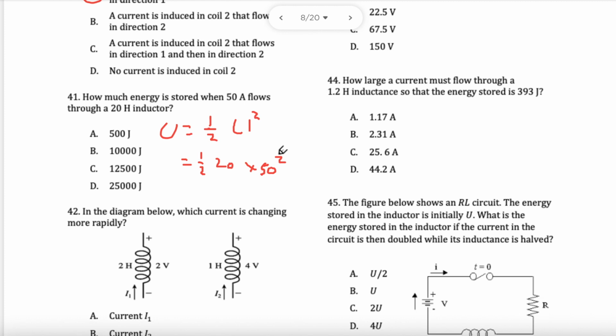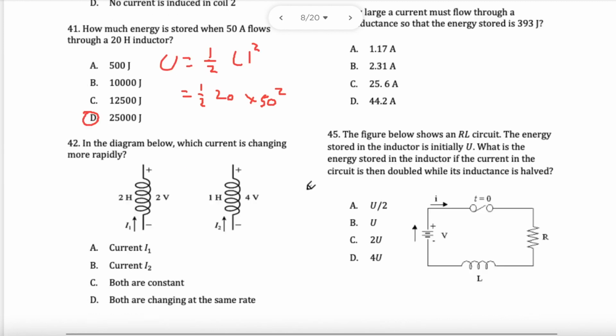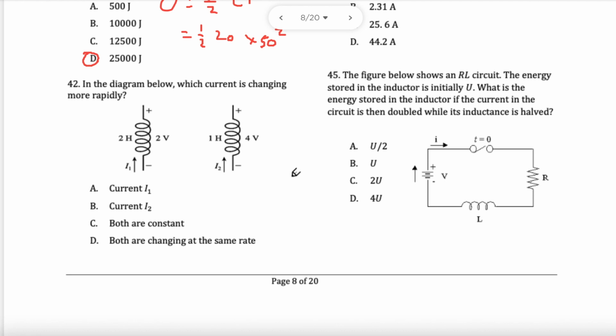You will get 25,000. There we go, we have the answer already. Over here, which current is changing more rapidly? So that's the I over t again, the rate, how fast it's changing. I've rearranged it so many times, I'm just going to go directly to rearranging the rule.